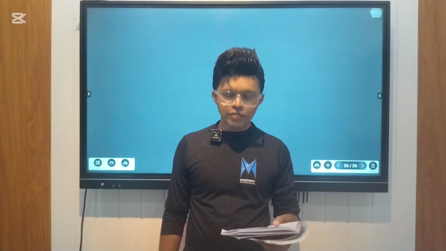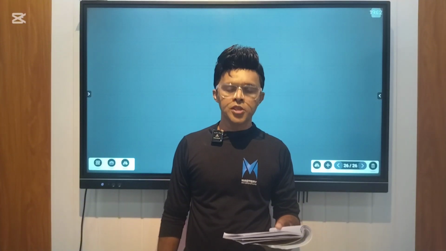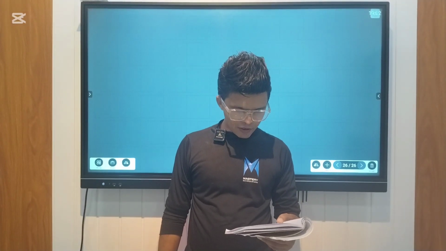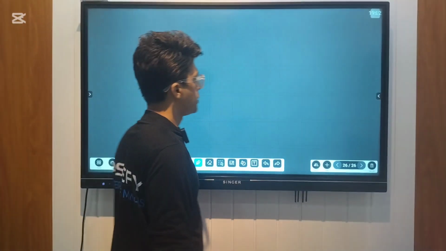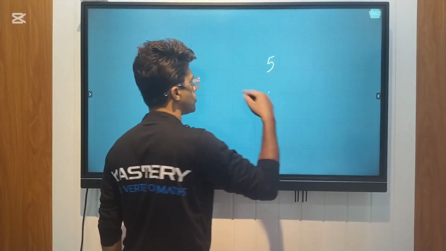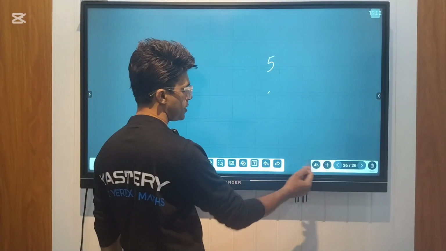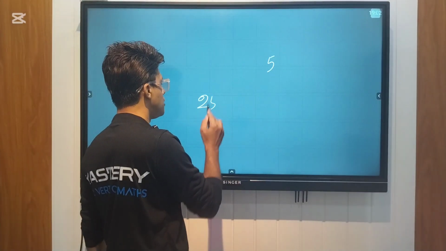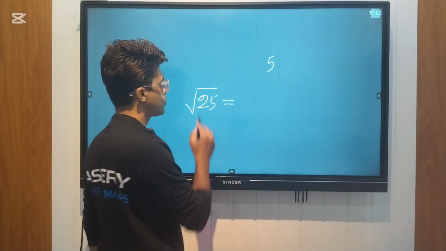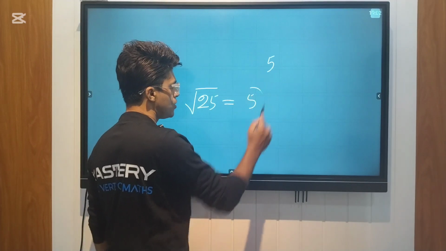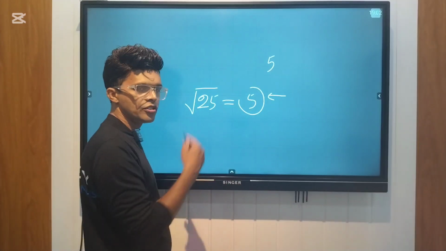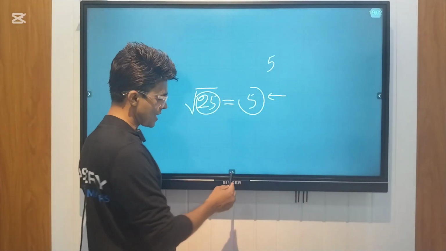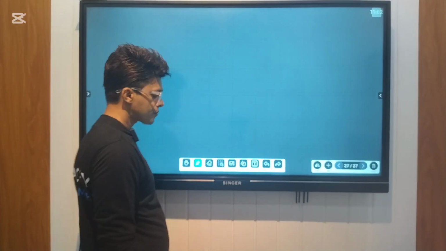Think that we've been given the square root of a certain number as 5. Then the number should be 25, because the square root of 25 is 5. That type of question has been given here.